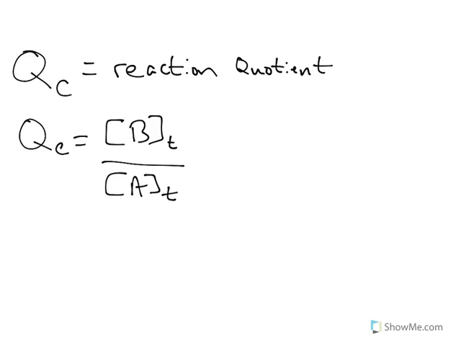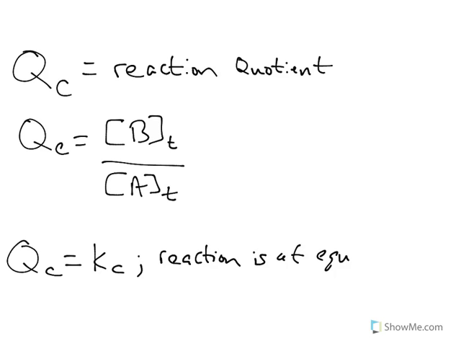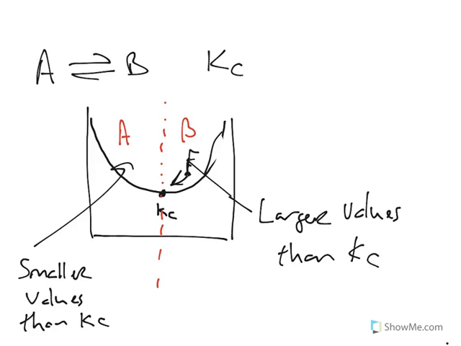And Q can have three different results. Qc could be equal to Kc. When that occurs, the reaction is at equilibrium. So on our little plot, that means we put the ball bearing right at Kc.